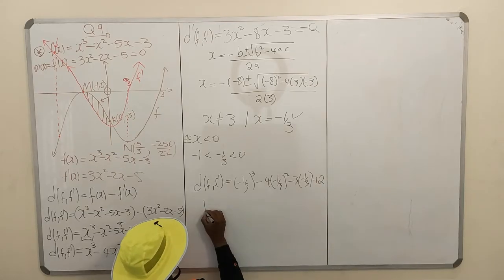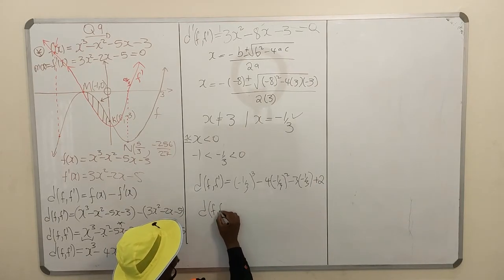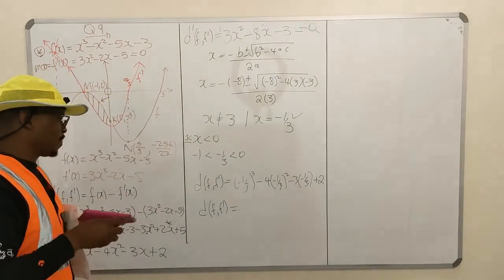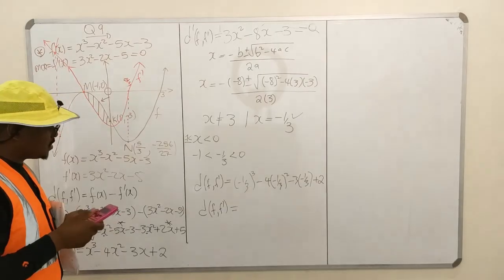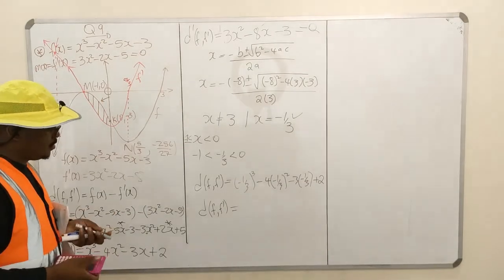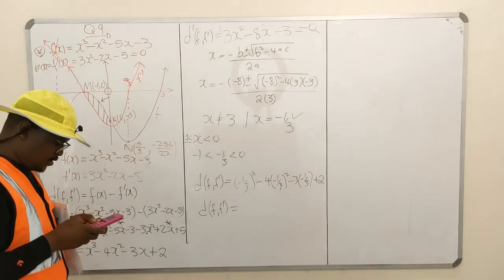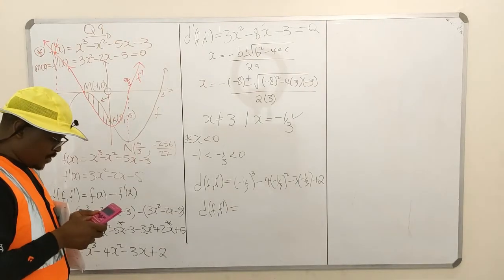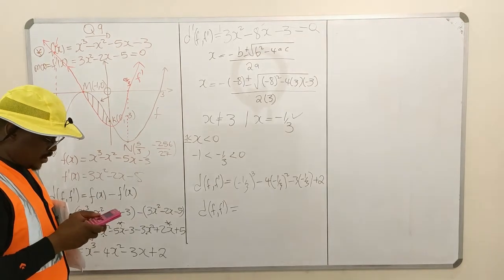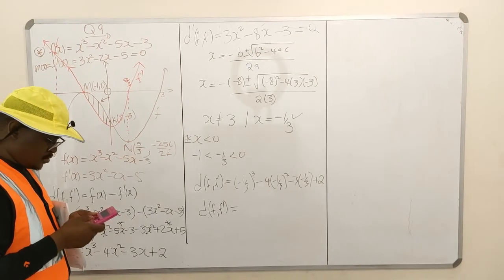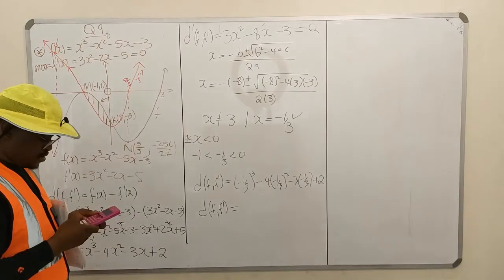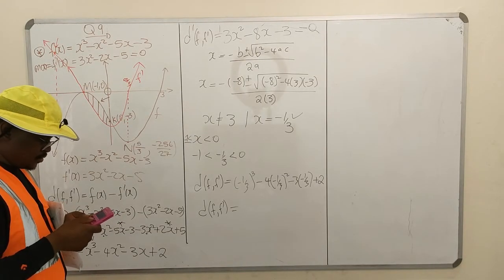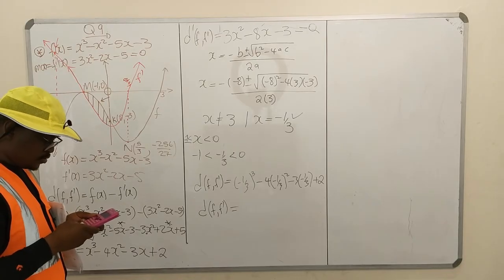So the answer that you get here will be the distance between f and this derivative. What is that? Let's go. Minus 1 over 3 cubed minus 4 times minus 1 over 3 squared minus 3 times minus 1 over 3 plus 2.